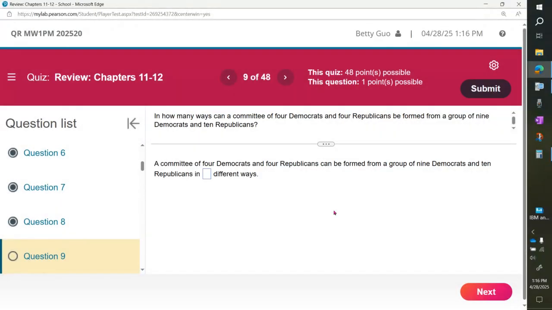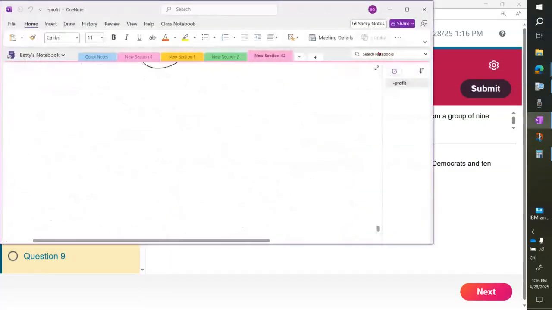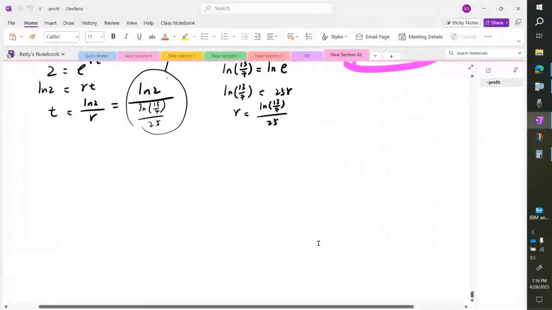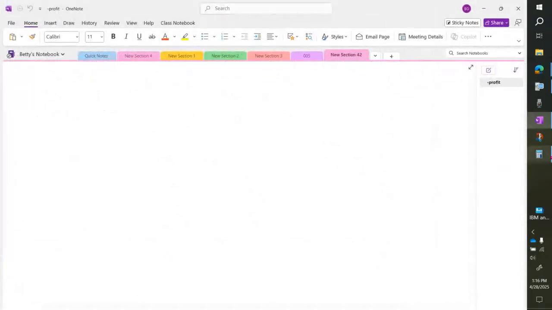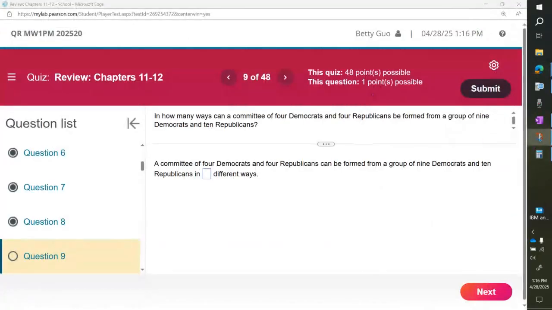Next, question number 9. In how many ways can a committee of 4 Democrats and 4 Republicans be formed from a group of 9 Democrats and 10 Republicans? Okay, the setting. We definitely have covered this problem in class, but since this problem has in the past been asked at a very high rate, I'm going to explain.